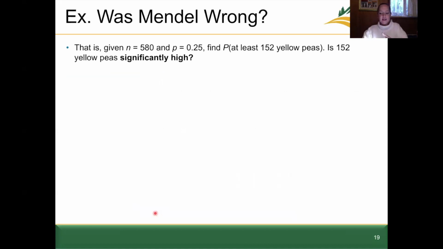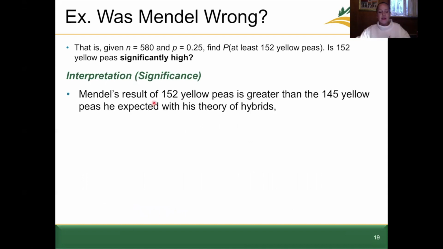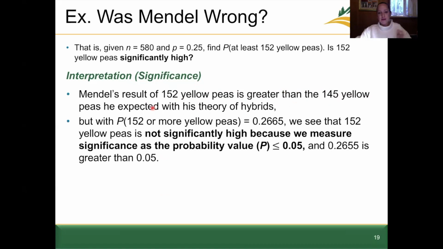Now, we've done all these calculations, then the interpretation or the significance is what we'll talk about next. So to sum this up, Mendel's result of 152 yellow peas is greater than the 145 yellow peas he expected with his theory of hybrids. But we just determined the probability of 152 or more yellow peas by using a binomial probability distribution and approximating it as a normal distribution.